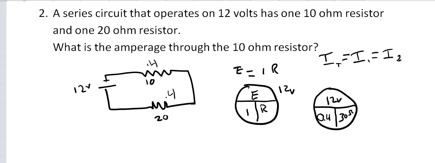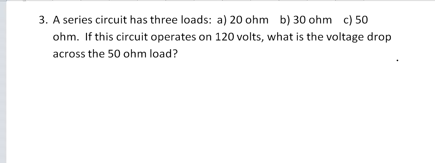Okay, so let's go to the next problem. A series circuit has three loads, 20, 30, and 50 ohm. If this circuit operates on 120 volts, what is the voltage drop across the 50 ohm load? Okay, so let's draw our circuit again.